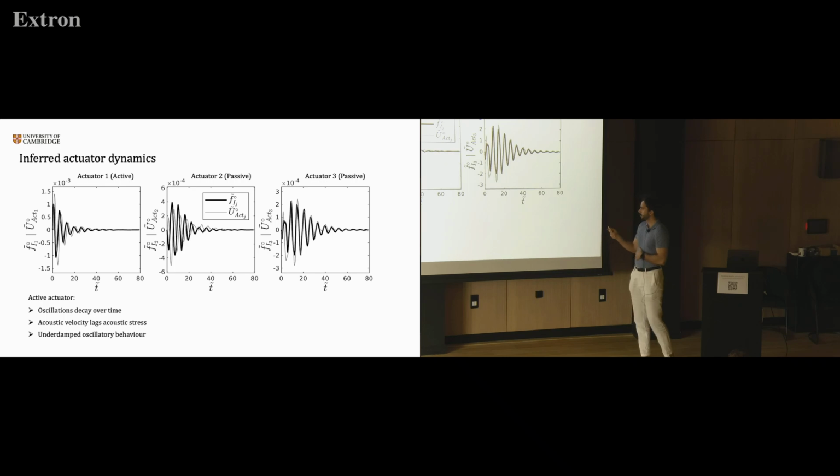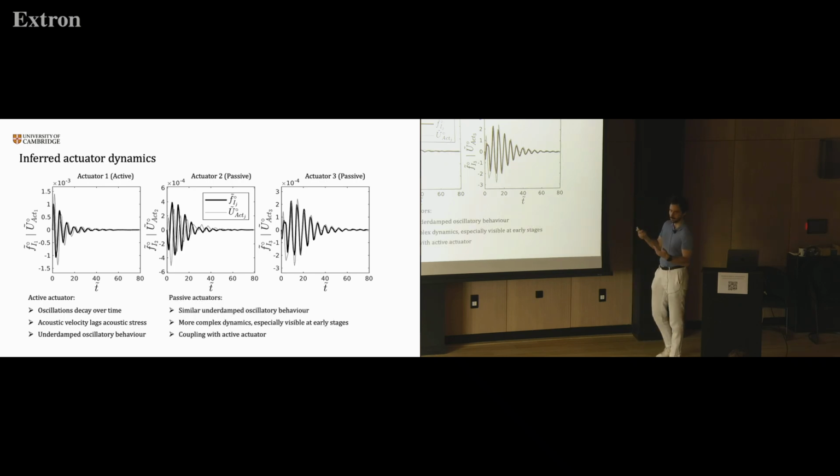In actuators 2 and 3, which are passive, we see similar behavior, but there are more complex dynamics happening, especially at the early and later stages. This suggests some coupling between the deformation of the passive actuators and the active actuator, which is important.